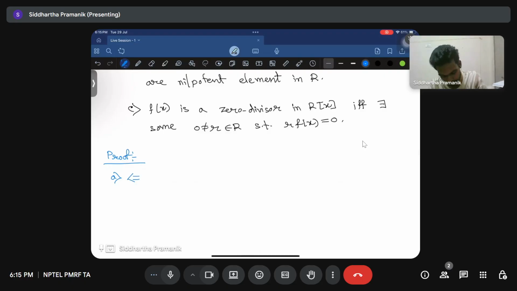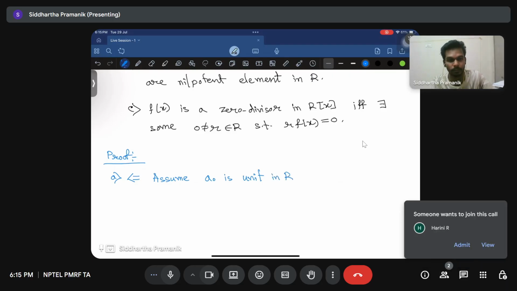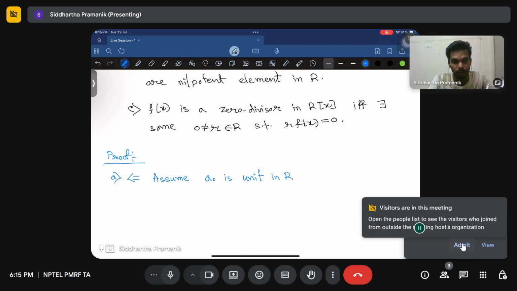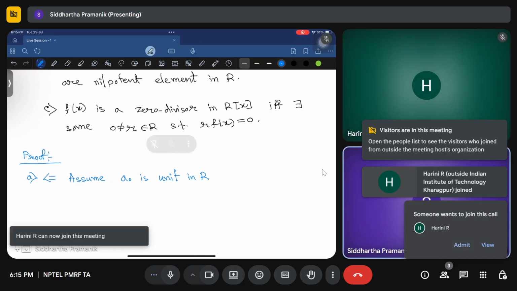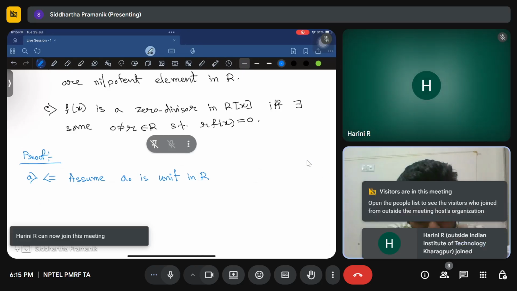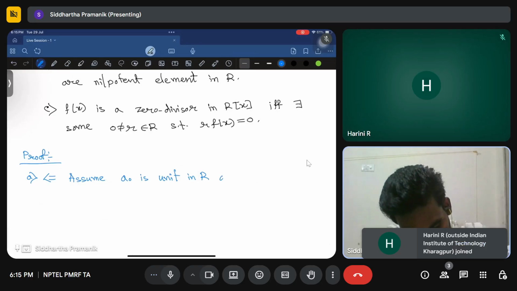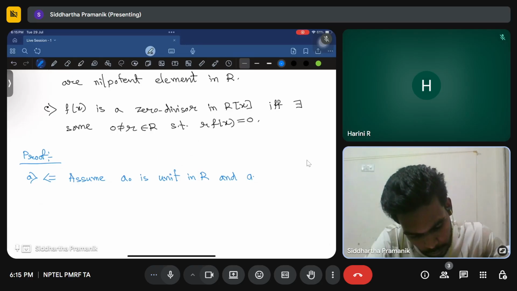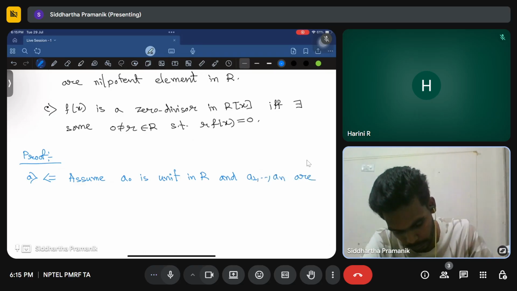For this, assume a0 is a unit in R, and a1 up to an are nilpotent elements in R.